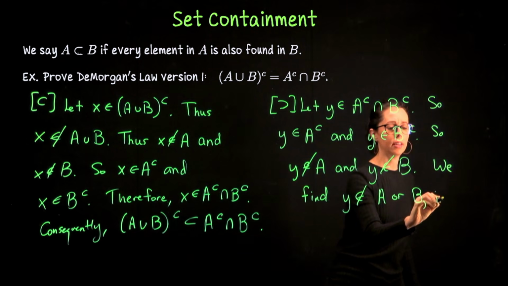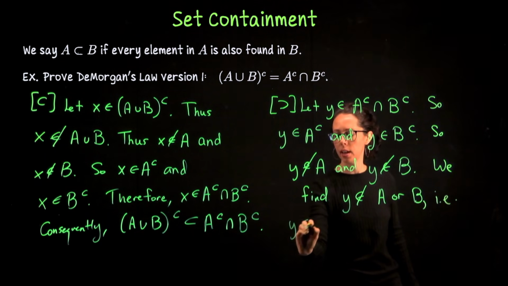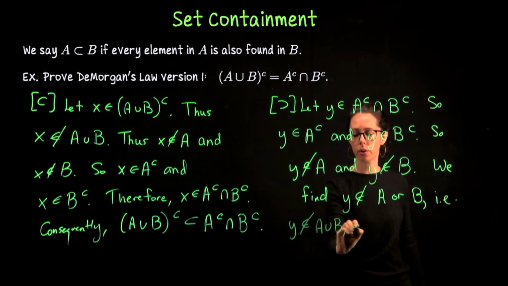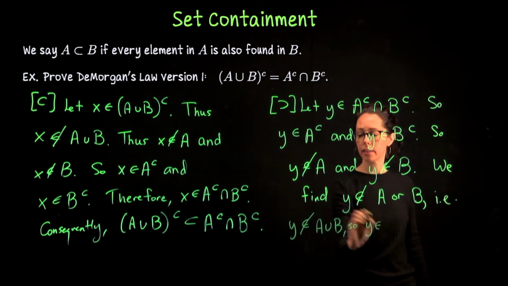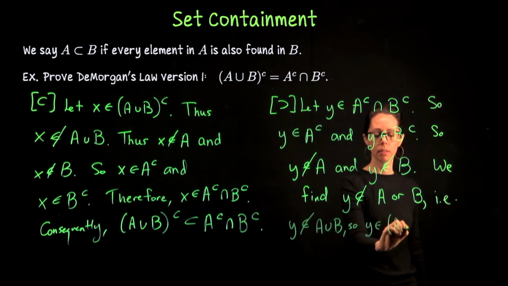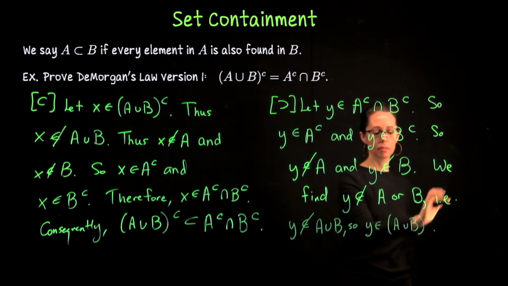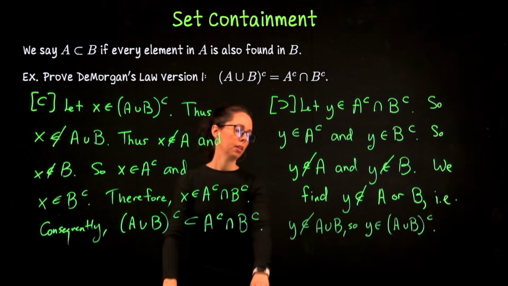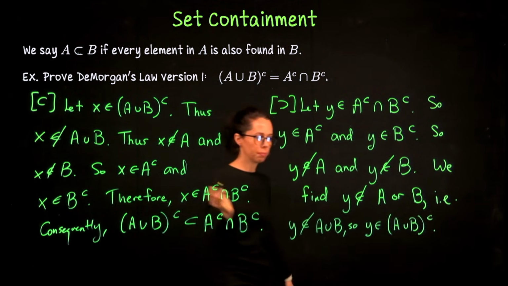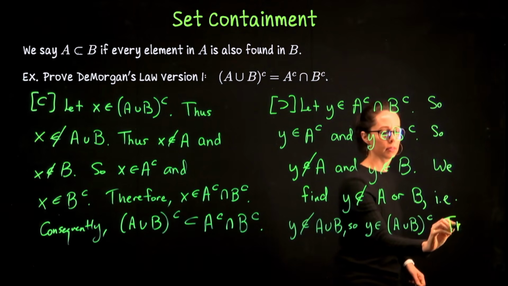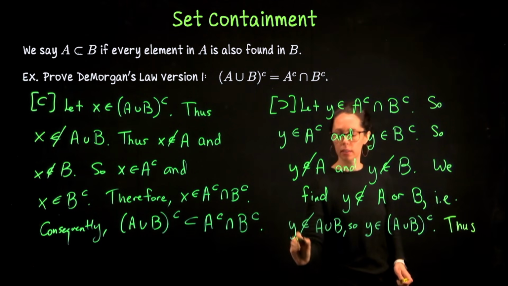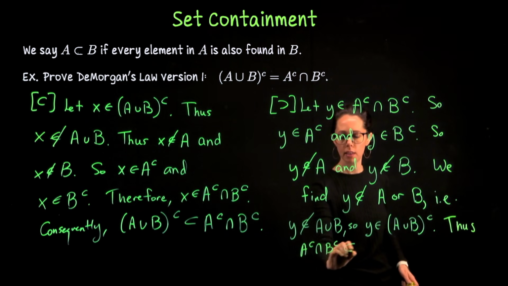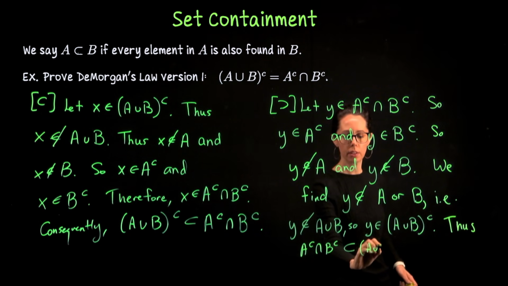All right, i.e. y is not in the union of A or B, so y is in the complement of the union. Almost out of room. But I need to say what we've actually shown. Thus, the intersection of the complements is a subset of the complement of the union.